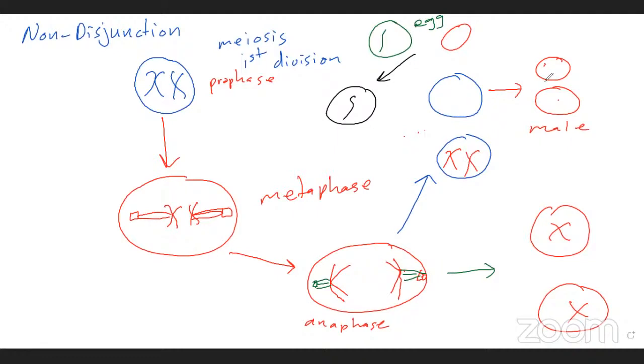So this one is without any. If it fuses with an egg cell, remember it doesn't have any. So if it fuses with it, the offspring here, will it have an extra chromosome or fewer chromosomes? Fewer. Turner syndrome, an X chromosome is missing.